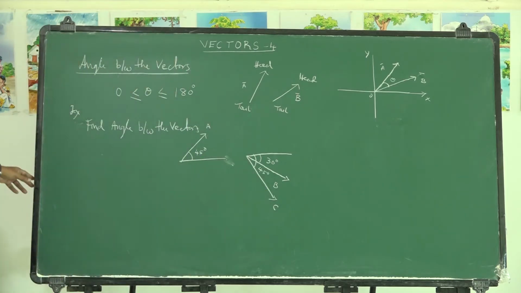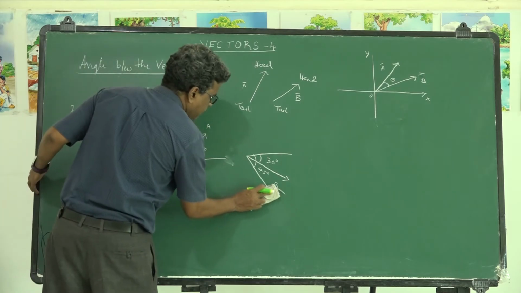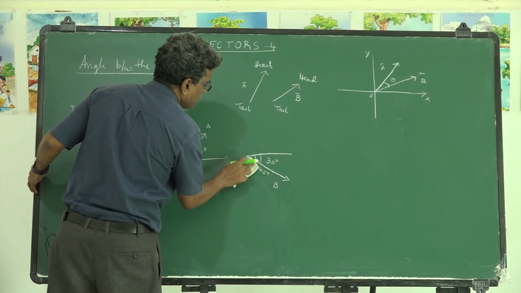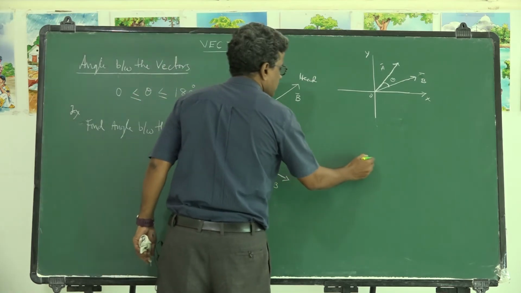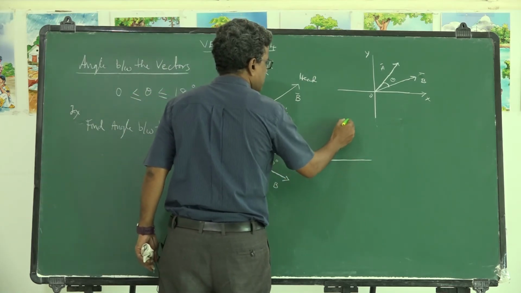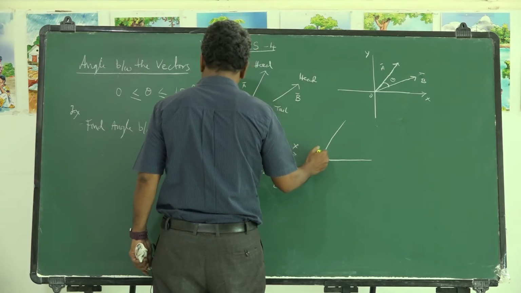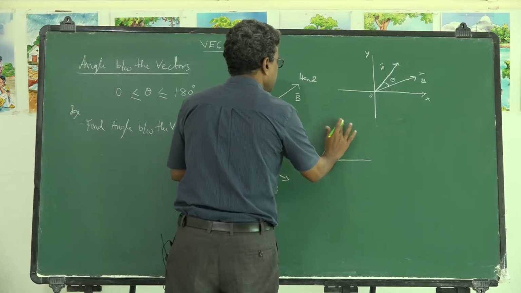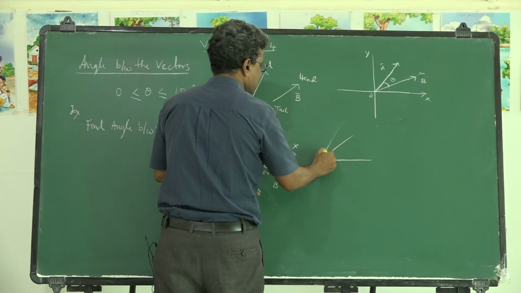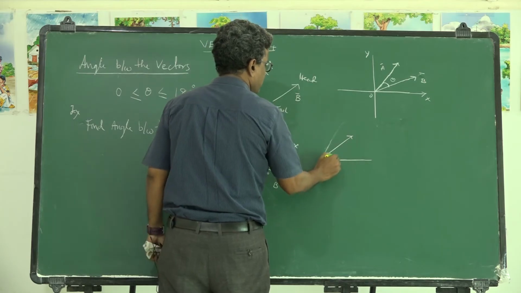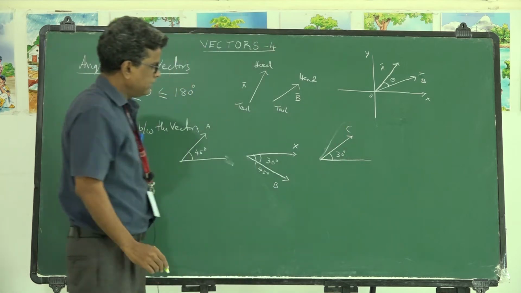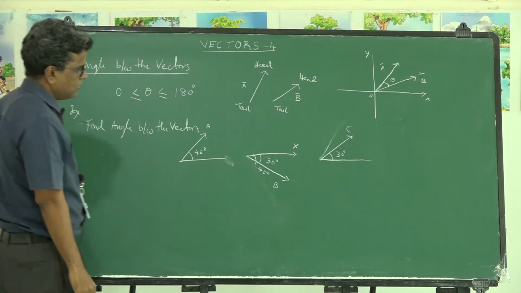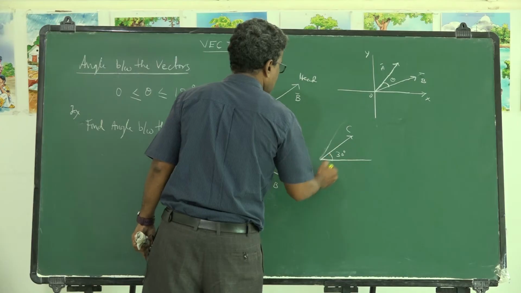Now, my question is, here you draw this one, the C vector, in another place, again taking the x axis as reference. This angle is 30 degrees.